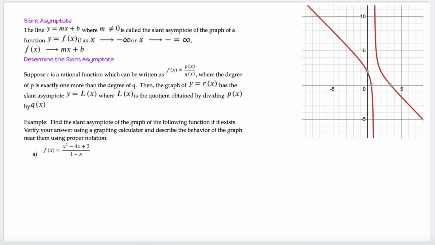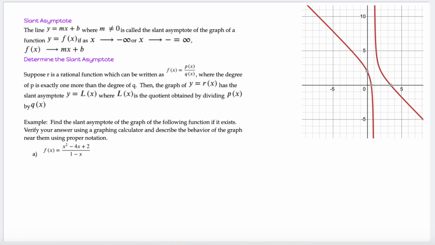So in this instance, it's going to be great to utilize long division, because sometimes our polynomials aren't written where we have a binomial as the divisor. So we're going to practice our long division skills so that we can find the quotient after we divide, because that quotient is what's going to be our slant asymptote.